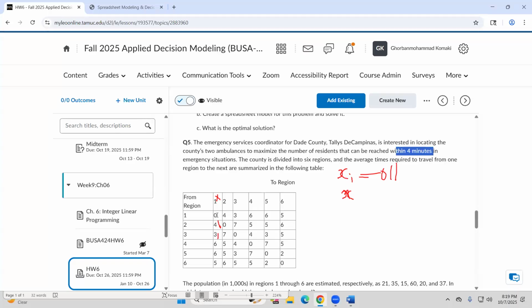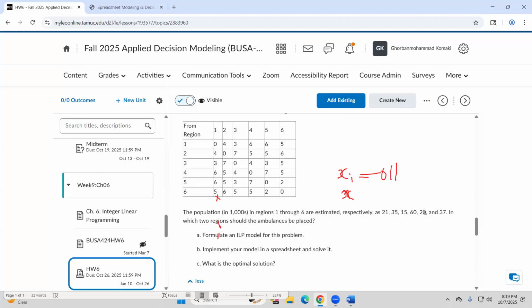So if you put x1, you're covering region 1, 2, and 3. If you do it in 2, you're covering region 1 and 2. The same thing, right? Makes sense? And then the goal is maximizing the coverage area. All right, so that should be enough, okay? Any questions so far, guys? Make sense? Good?